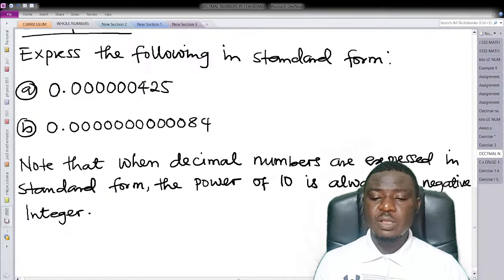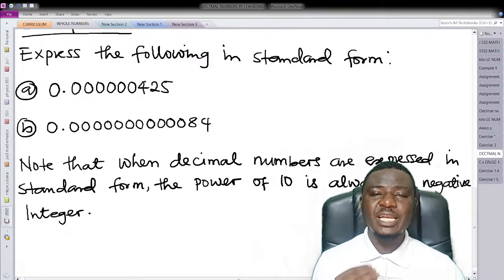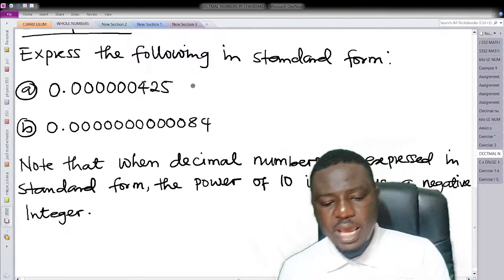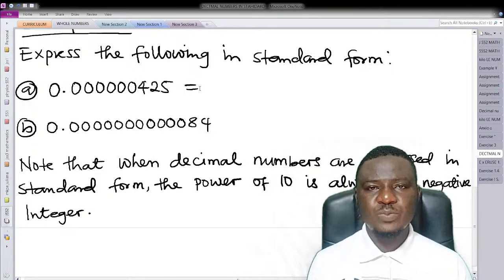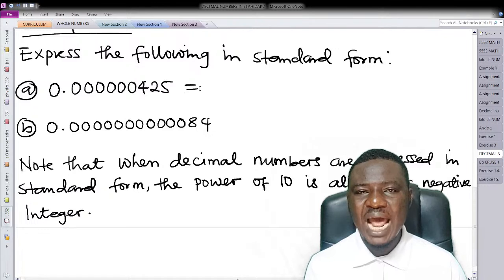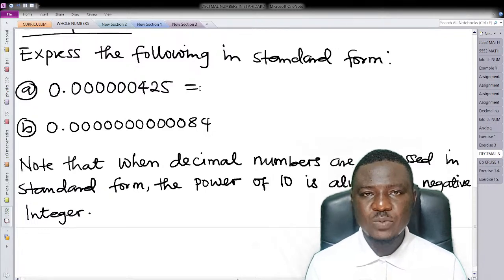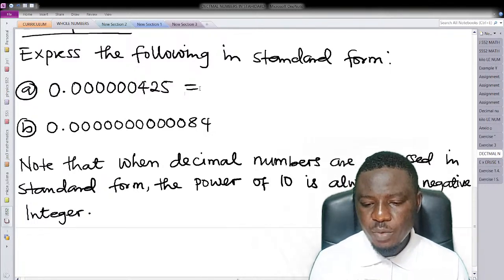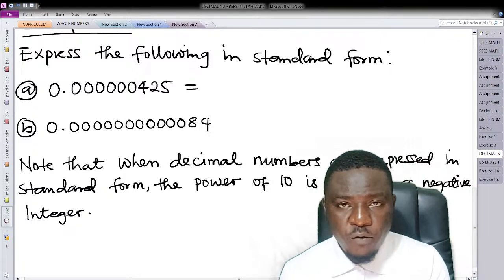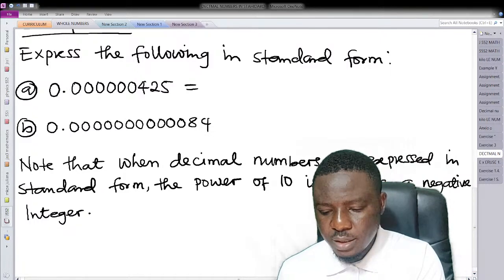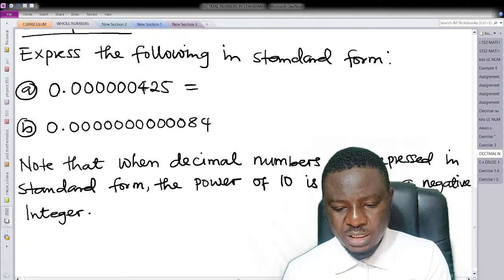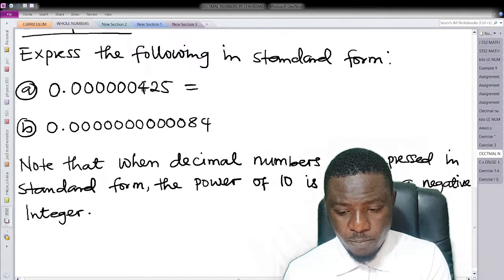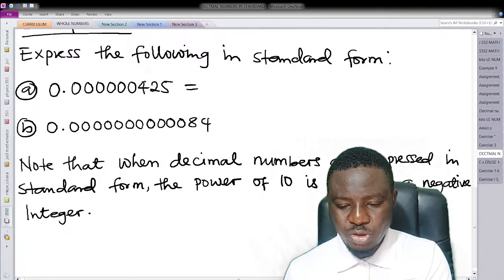Example 2, that we should express the following in standard form. A, we have this in standard form. So I'm not going to express it as a fraction, but rather I'll just go straight ahead to express it in the standard form. So I'm going to move the decimal point until I get to the back of the first non-zero digit. And what is the first non-zero digit? It is 4. So you move the decimal point until you get to that point.